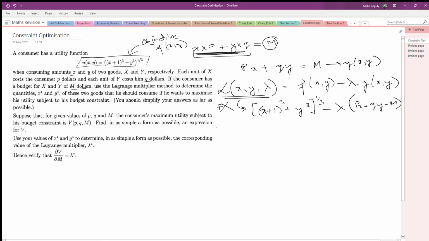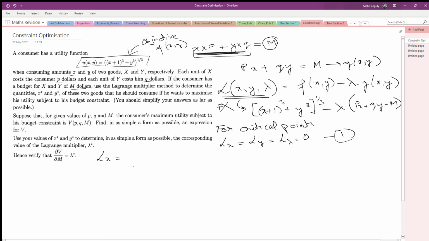Now for critical points, the first order derivatives, which is Lx, would be equal to Ly, would be equal to L lambda, would be equal to 0. This is something I know, right? So let's call that equation 1. Now let's find what Lx, Ly, and L lambda would be.